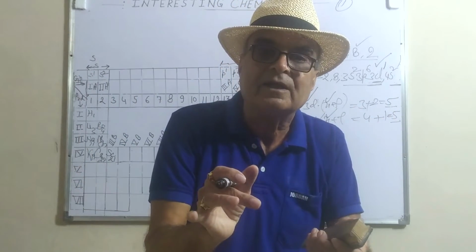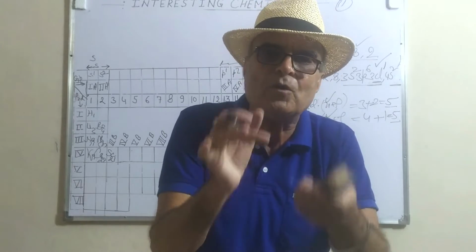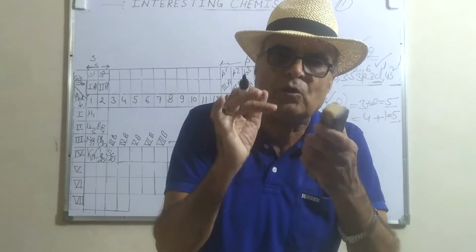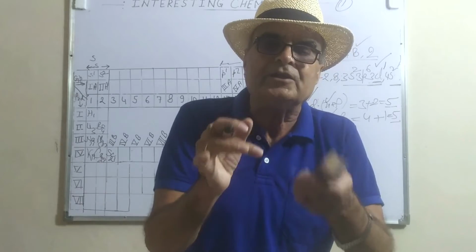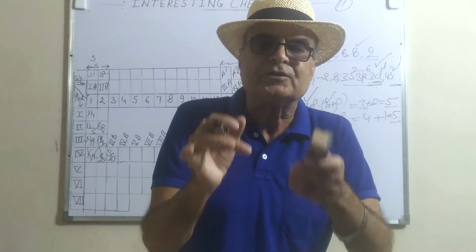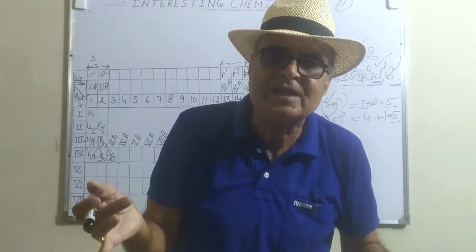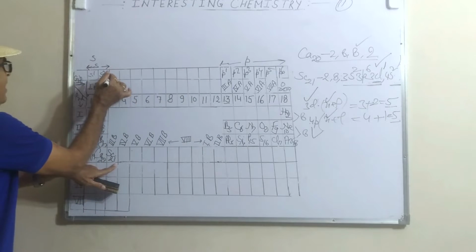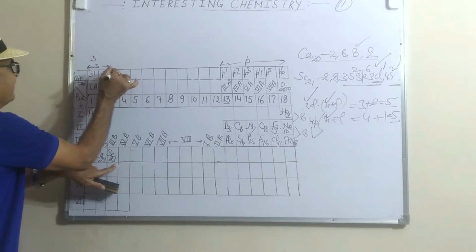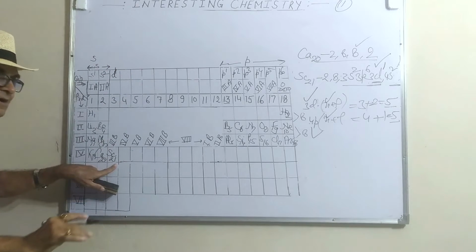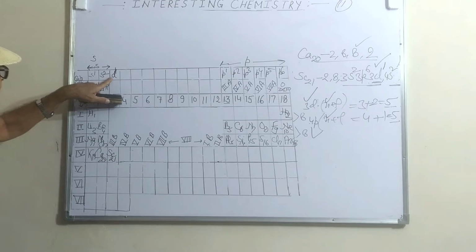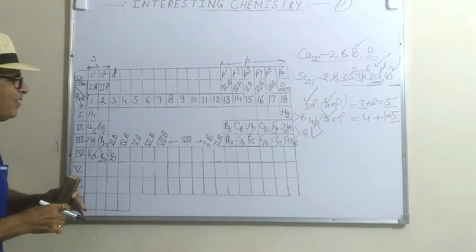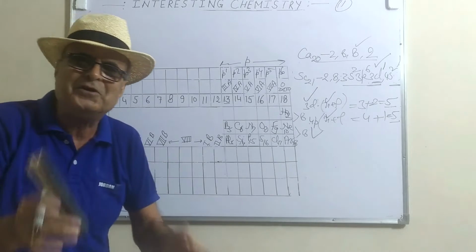So here, the opening of the d orbital starts the filling of its electrons. So here, scandium 21 starts D1. Think about the easiness of this periodic table.